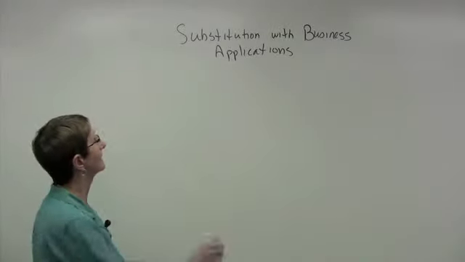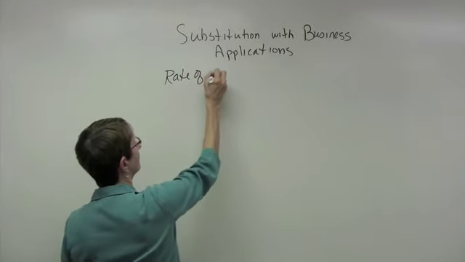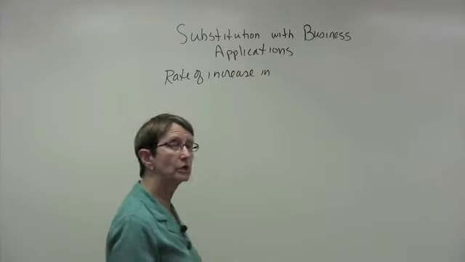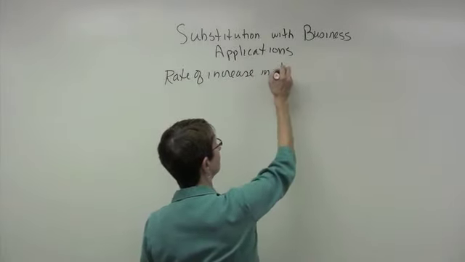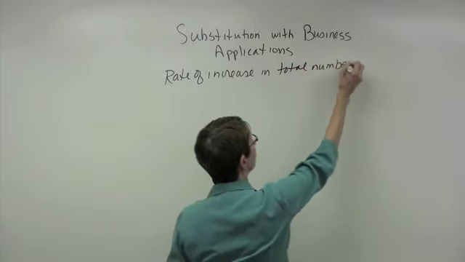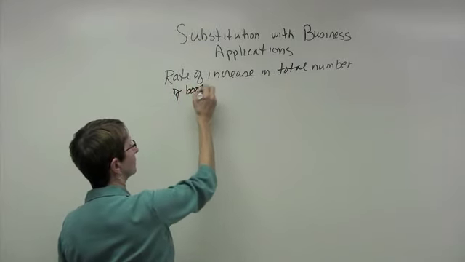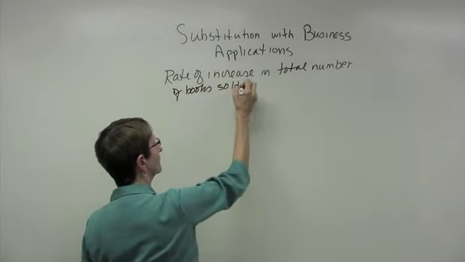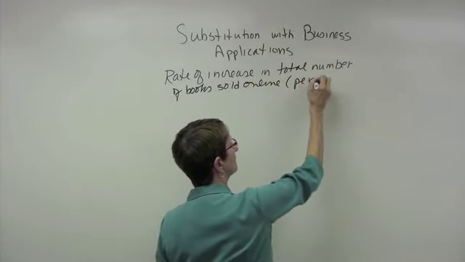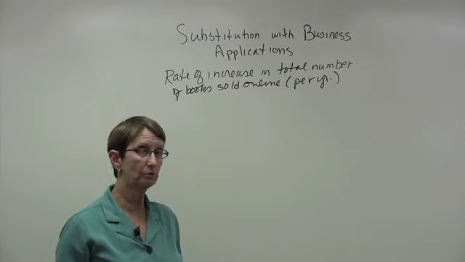Okay, so the problem says that the rate of increase in the total number of books sold online. Now, that's a rate of increase in the total number of books sold online. And since it's a rate of increase, this is a per year rate. And it's actually in millions of books per year.